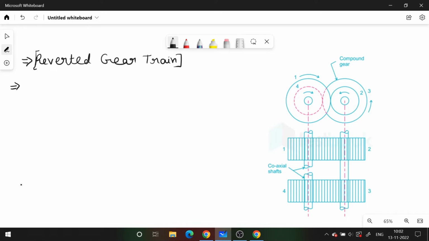In this diagram, the shaft of gear 1 is coaxial with the shaft of gear 4. Here gear 4 is the driven gear and gear 1 is the driver gear.